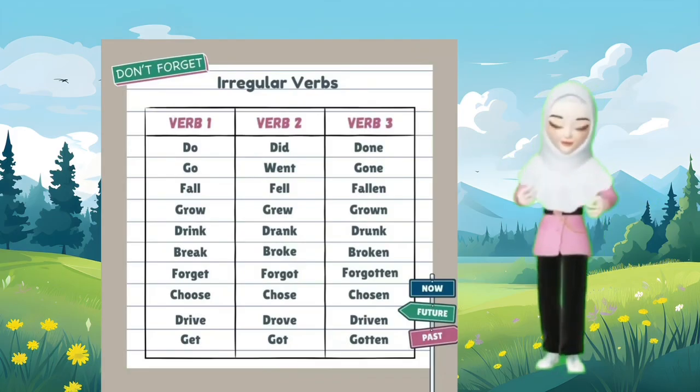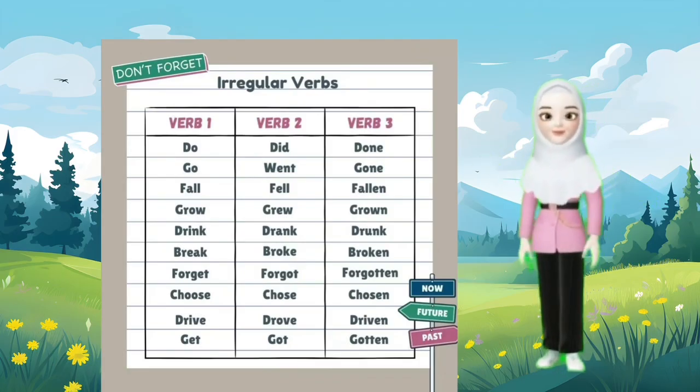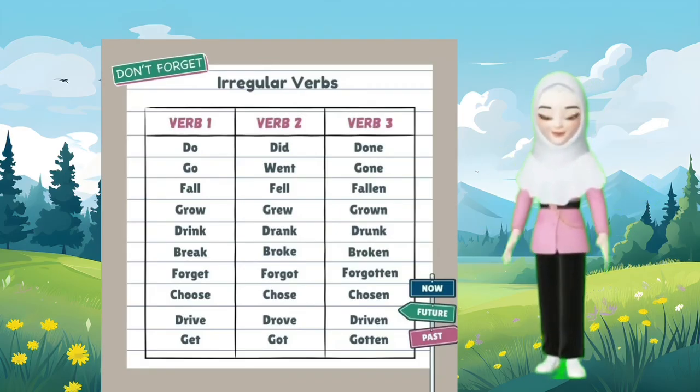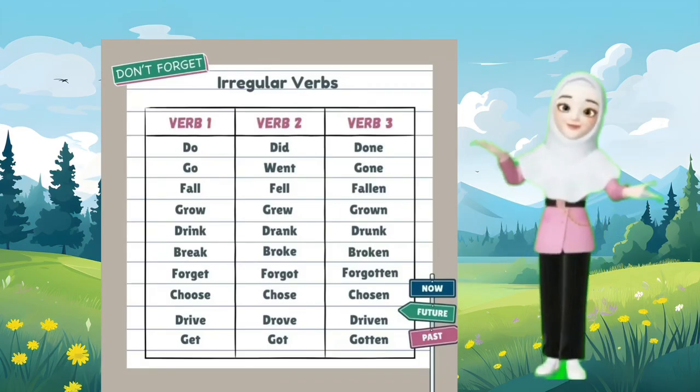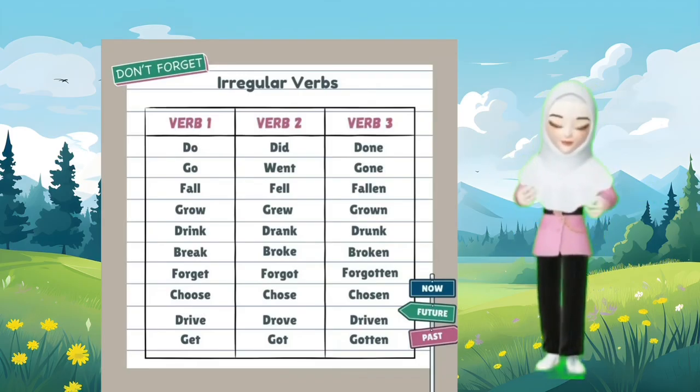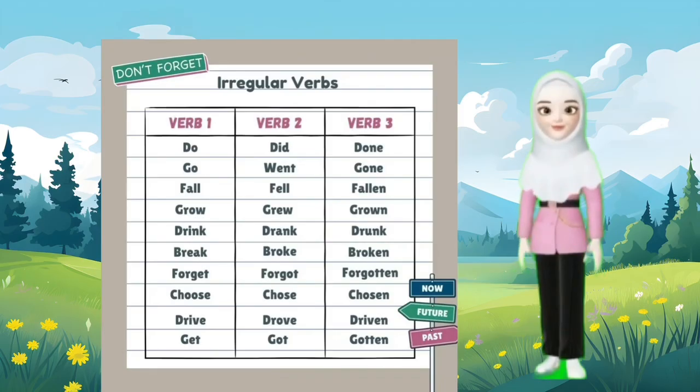Let's look at some examples. Do, did, done. Go, went, gone. Drink, drank, drunk. Break, broke, broken. Choose, chose, chosen. As you can see, the changes are irregular, so the best way to learn them is by memorizing them. Don't forget, these verbs are very common, and you'll see them a lot in English.